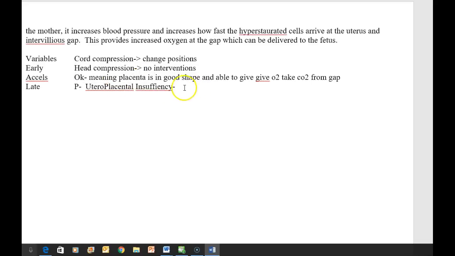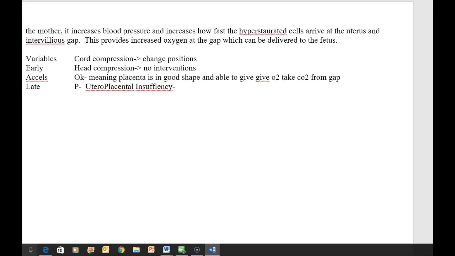That's the actual technical name of the condition when the baby becomes hypoxic due to the contractions and the aging placenta. So utero-placental insufficiency means late decels. This is always bad and always ominous.